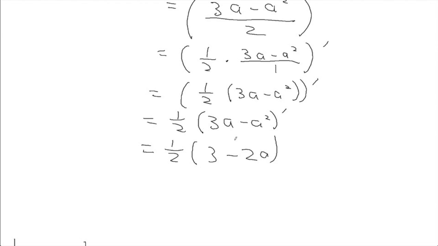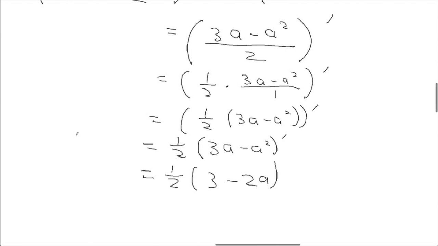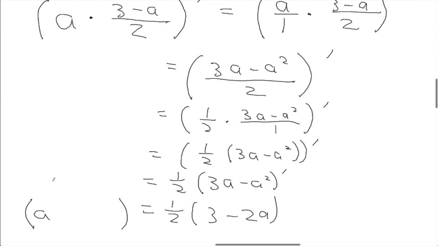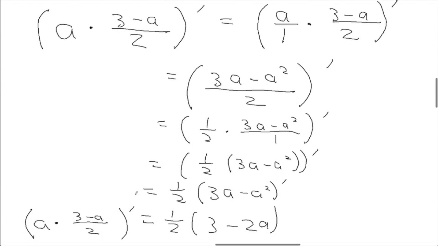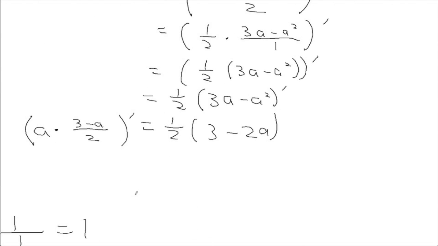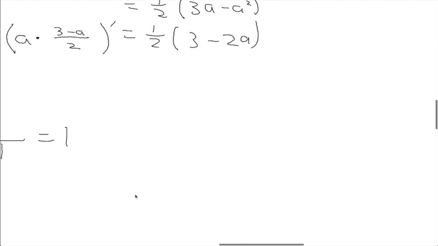So that's the technique that we would use here on this problem. So now we figured out this derivative. So the derivative we were trying to find was this one. Okay.